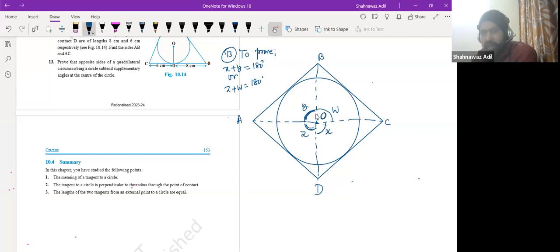Is it clear to you? Yes. Now, can you tell me what these two angles would be? Do you remember, if you connect the center with the tangent, what happens to these angles?